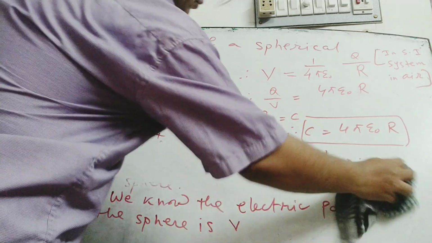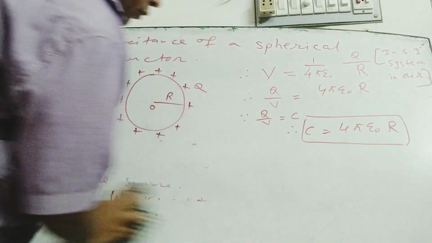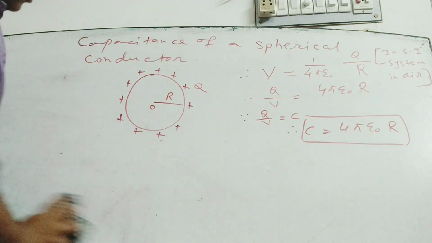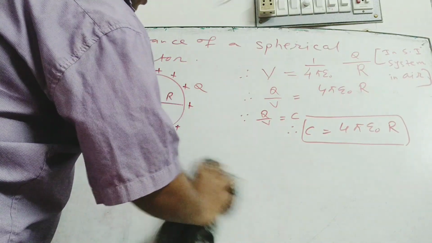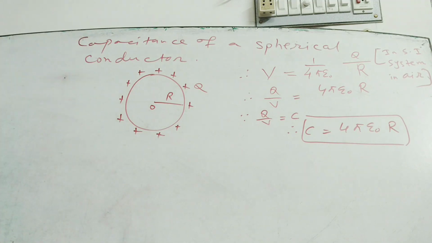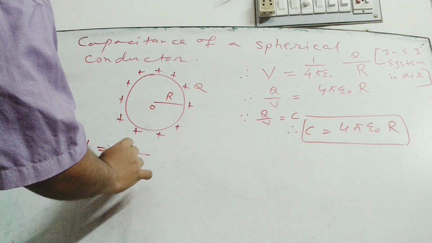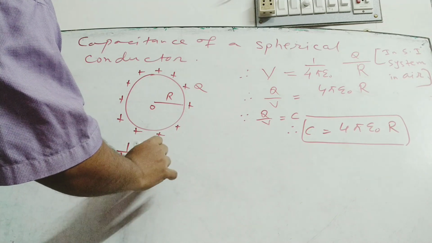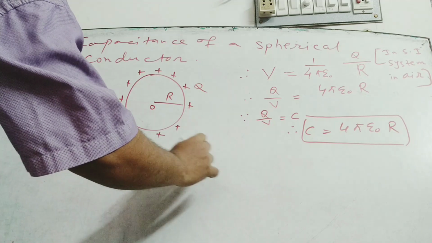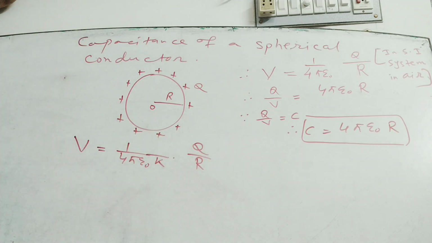When we introduce a dielectric medium inside the sphere, then the expression will be V is equal to 1 by 4 pi epsilon 0 K into Q by R, where K is the dielectric constant of that medium.